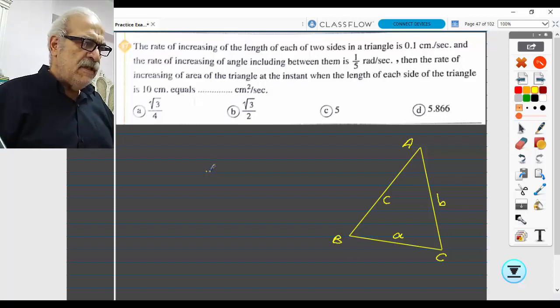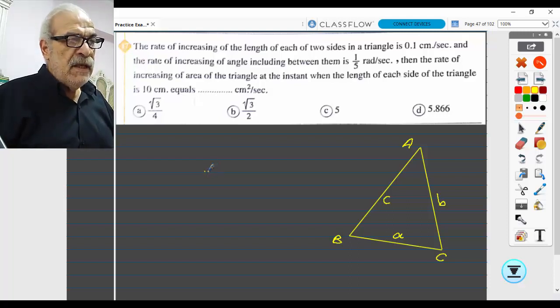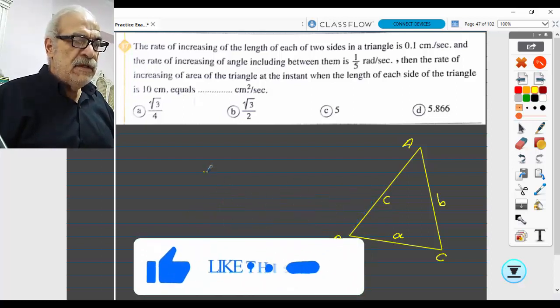Question number 17. The rate of increasing of the length of each of two sides in a triangle is 0.1 centimeter per second.